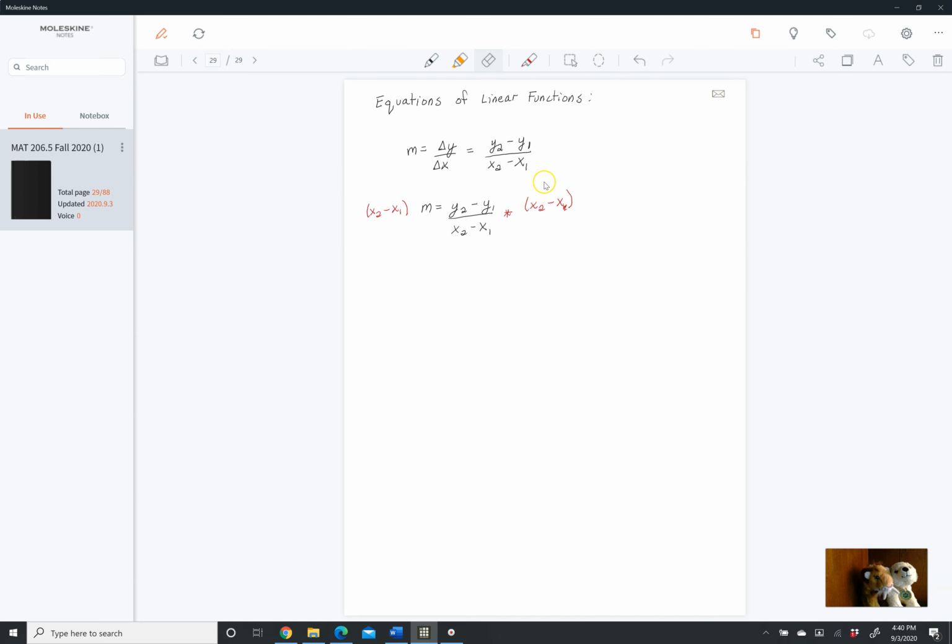And what that allows us to do is we can actually cross out the x2 minus x1 here. They're canceling each other out, and that's okay to do because there's this invisible parentheses around here. And remember, multiplication and division are at the same level. So we're taking the division, we're taking the x2 minus x1, and we're dividing before we're multiplying, but that's okay here, okay?